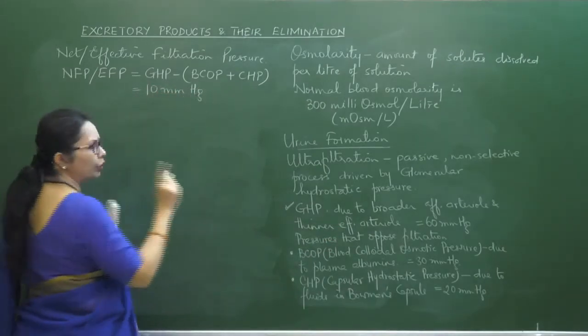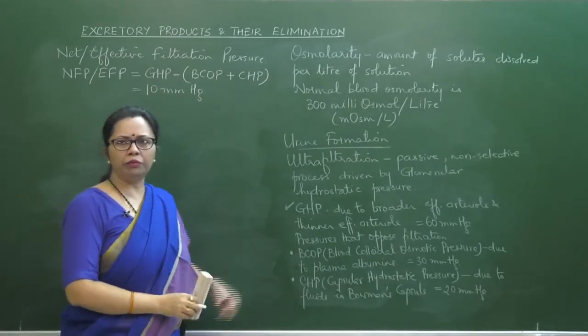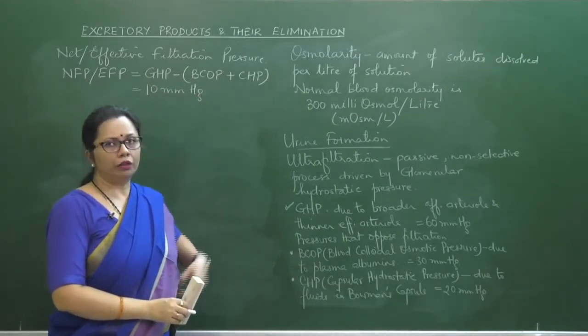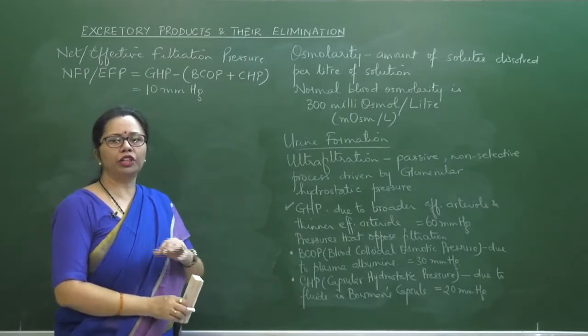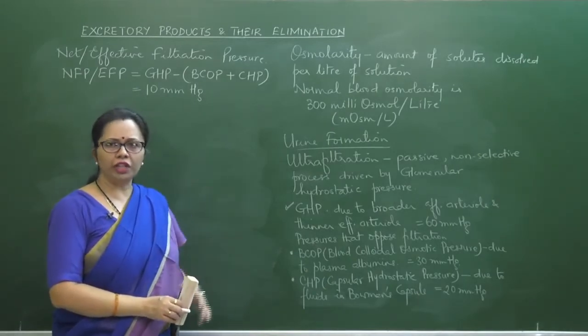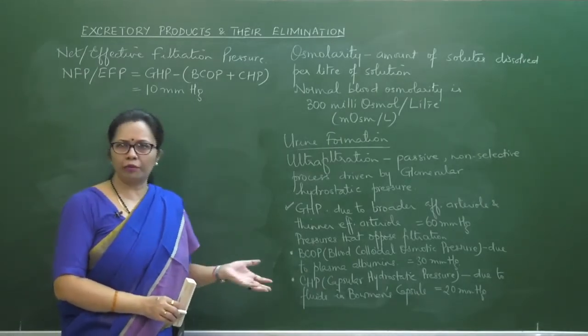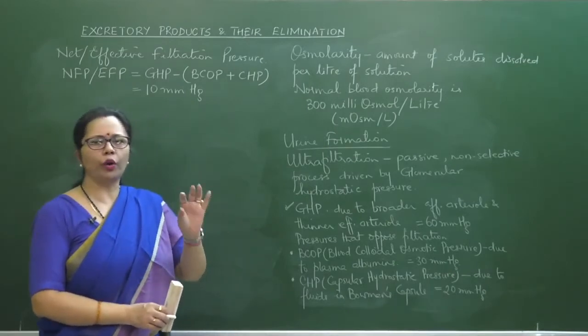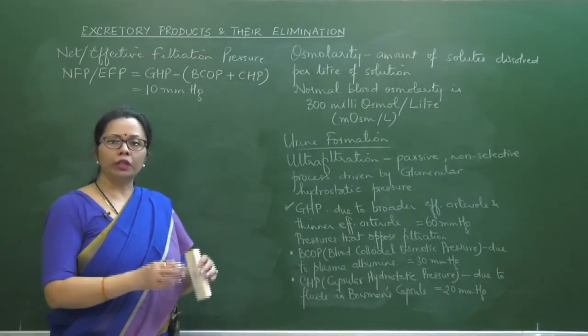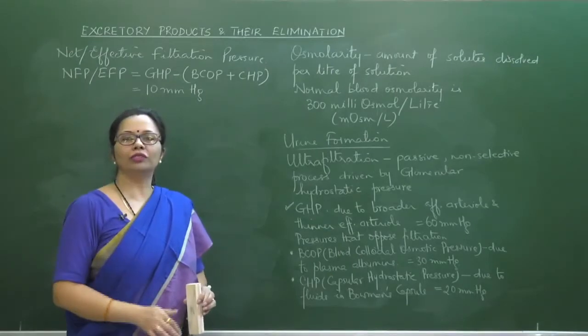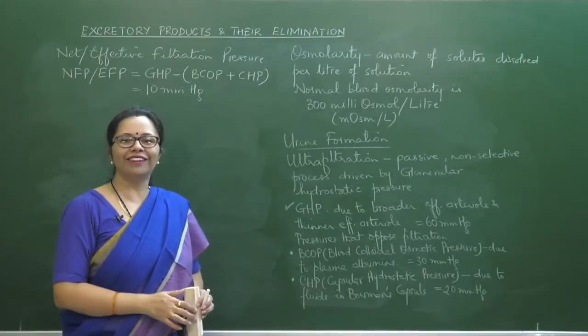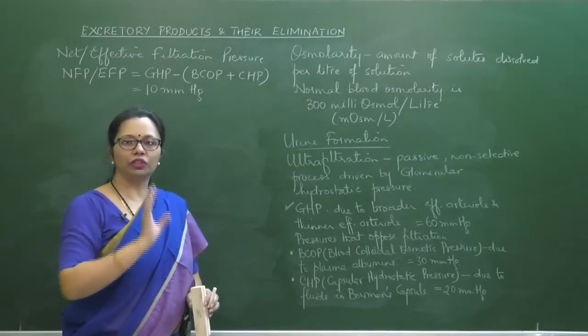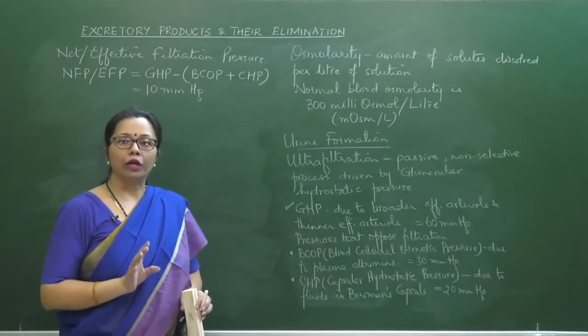Now once there was a question in AIPMT many years back, where the question was the net filtration pressure is, and out of the various choices 10 mm was not there, the lowest choice was 25. So in that case, of course, you just have to answer for the lowest one which was given, right?